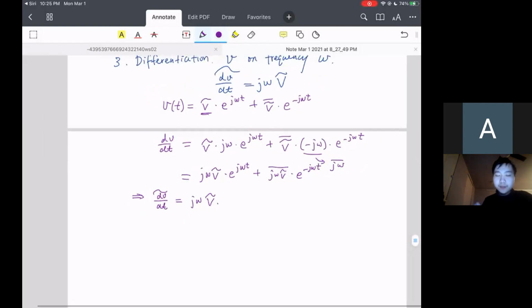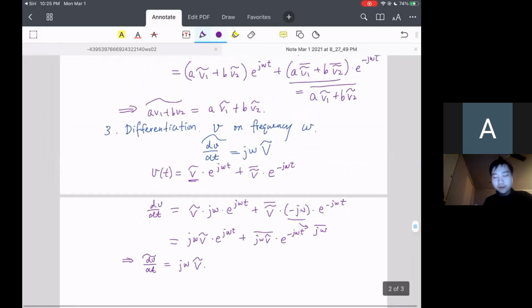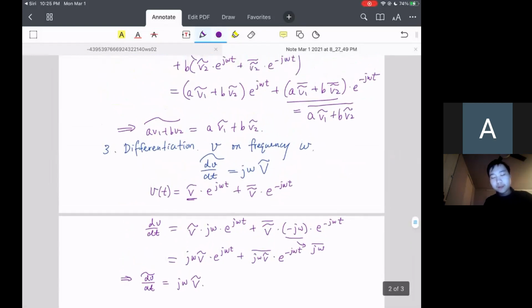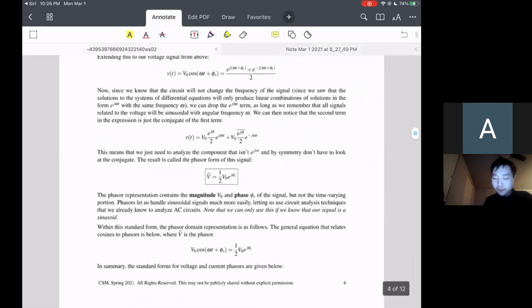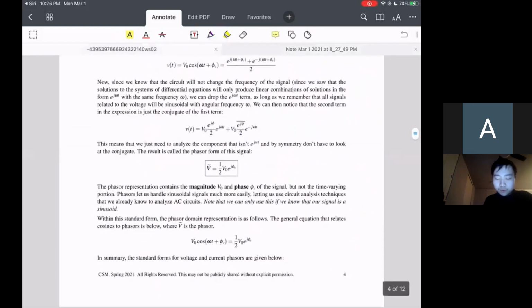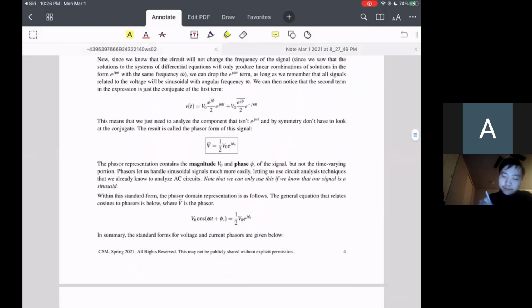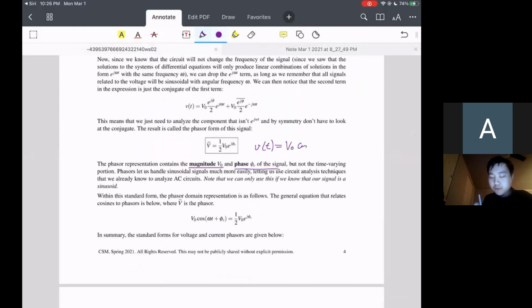So now, as we went over the different properties of phasors, let's take a look at question number 2 on the worksheet. It says right here that the phasor representation contains the magnitude V0 and the phase of the signal. So if the signal is V of t equals V0 times cosine of omega t plus phi, then V0 is just the magnitude of the signal and phi is just the phase.